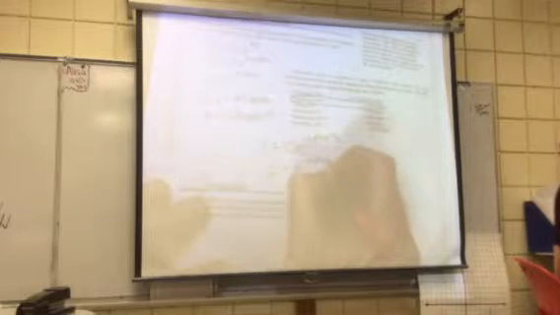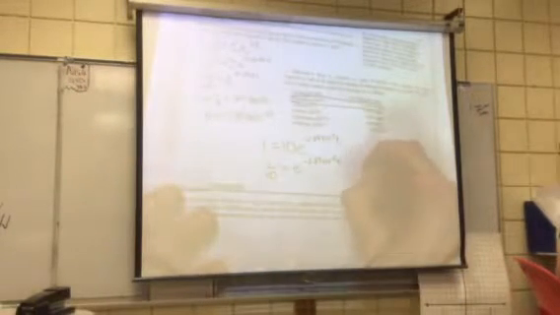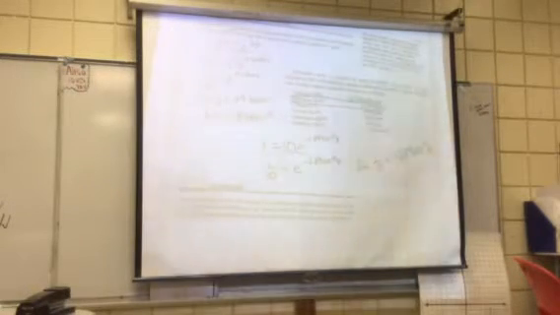So now remember, we're just trying to solve for T instead. So we'll go through the same process, divide by 10, take the ln of 1/10 and divide it by that long scientific notation decimal.